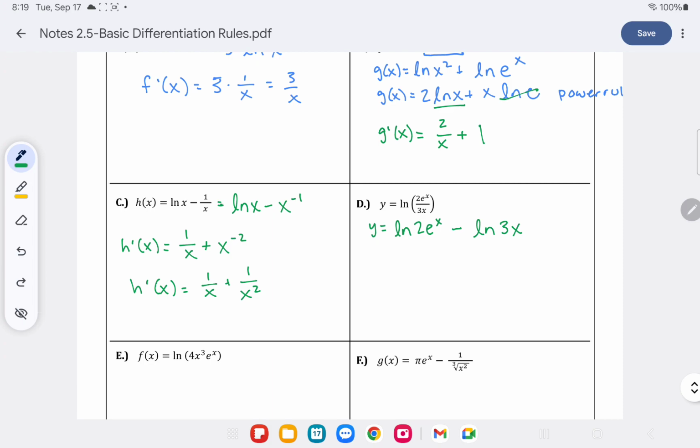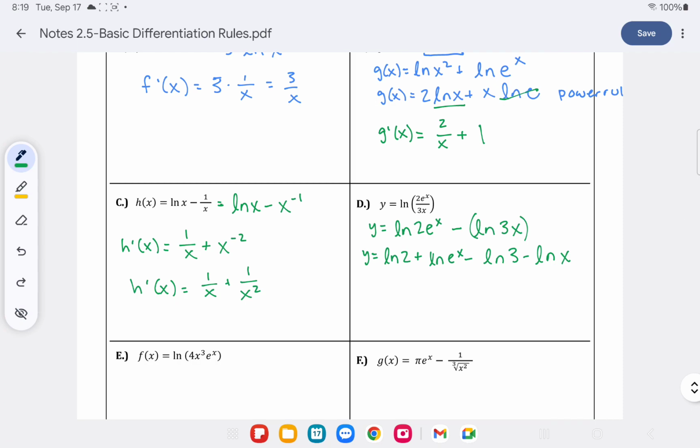And then here I have a couple products. So now I'm going to use the product rule and do ln of 2 plus ln of e to the x minus ln of 3 minus ln of x. I probably should have done that quotient and product rule all at the same time.